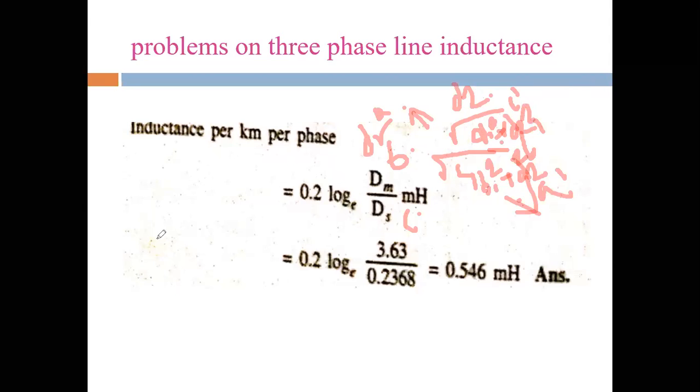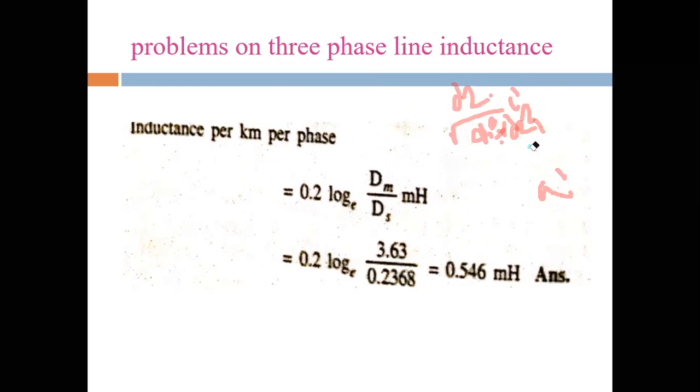By using this same method, we calculate the distances or the inductance values. Okay, when the conductors are arranged in parallel, that is the distance formulas. Suppose the conductors are arranged in the horizontal plane, then we add the distances.